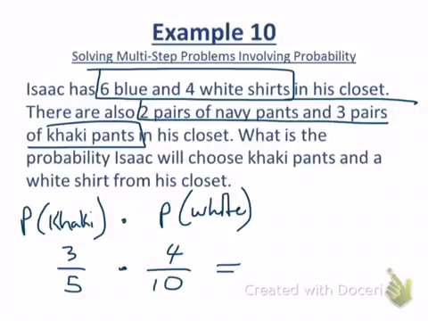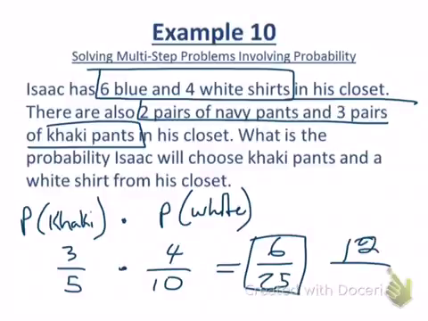So that probability is 12 out of 50, which simplifies to 6 out of 25. Now, 12 out of 50 might be helpful to us.